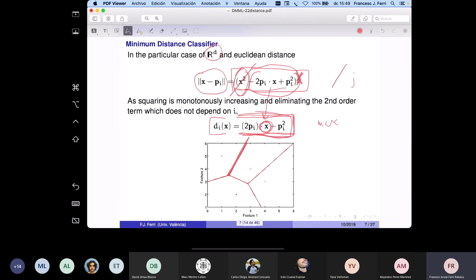Remember that there is only one example per class. This is the boundary between these two classes. This between these two classes. This between these two classes, and this between these two classes. You see?